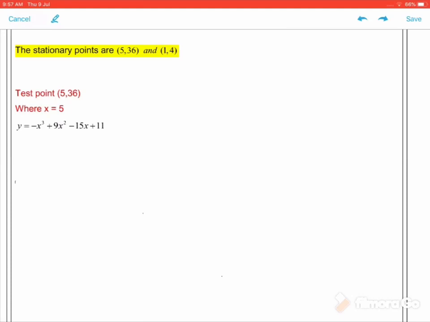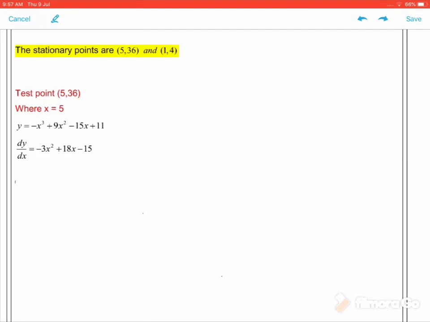We are given the function y equals negative x cubed plus 9x squared minus 15x plus 11. So dy/dx is equal to negative 3x squared plus 18x minus 15.